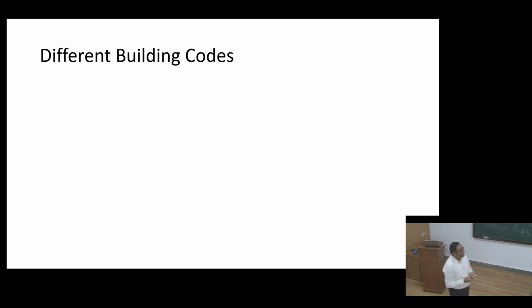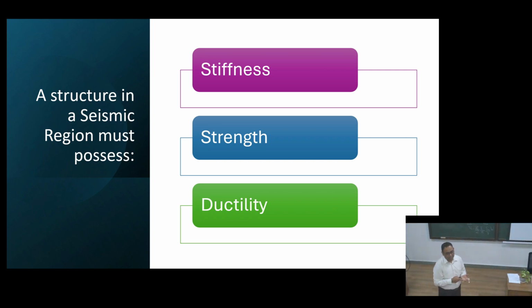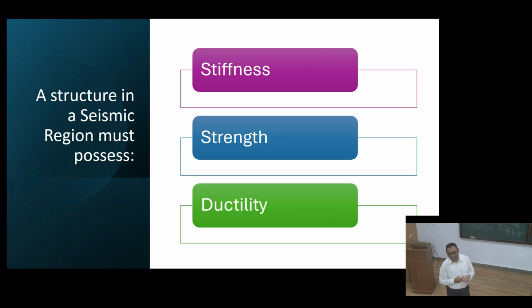Structural components should not fail, okay? So that's a strength requirement. Then, my structural component does not fail, but my building deflects a lot. So there should be a stiffness-based requirement as well. It should be stiff enough to not undergo that much deflection.